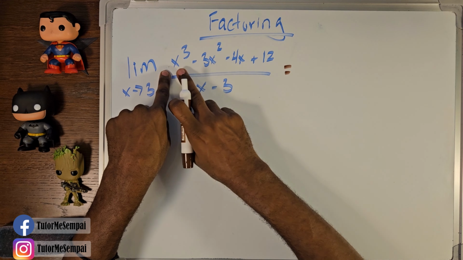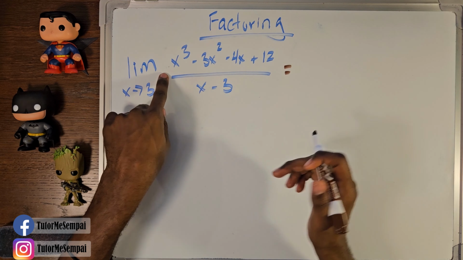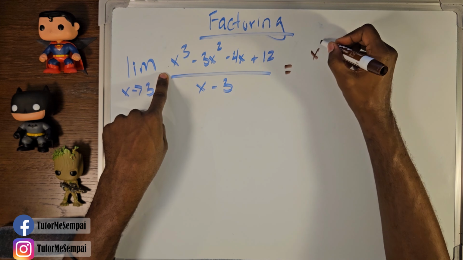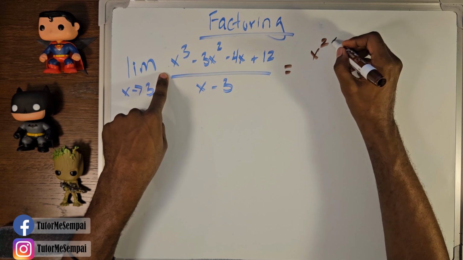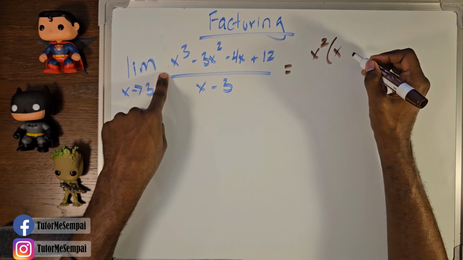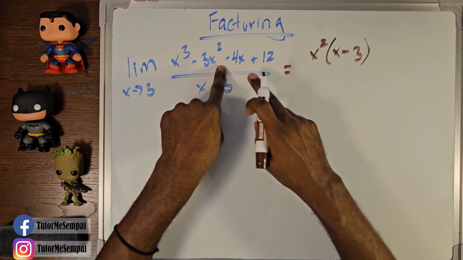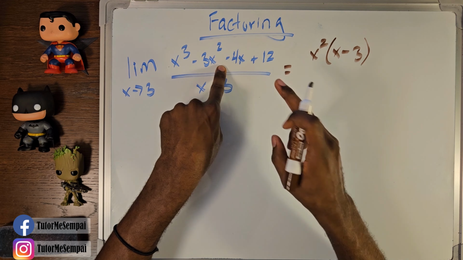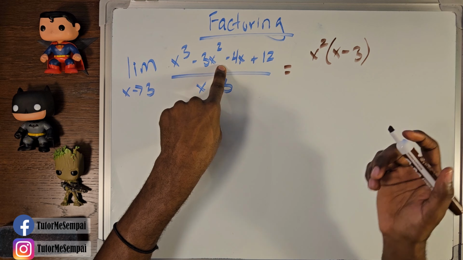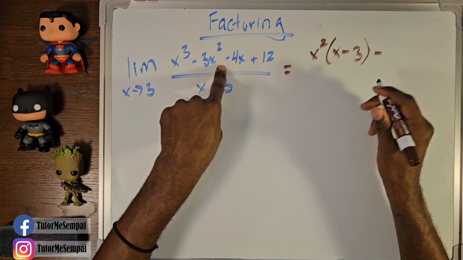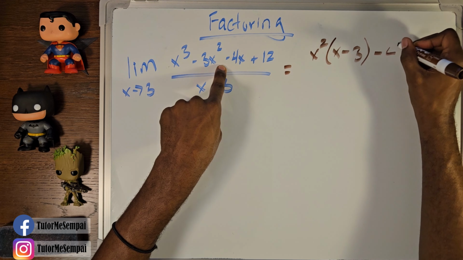If we look at what's in common, grouping your first 2 terms, what's in common for both of them? We're going to have an x squared that's common for both. And when we factor that out, we're left with an x minus 3. Now, we have our next 2 terms. What's in common for both of them? Well, let's say we factor out a negative 4.